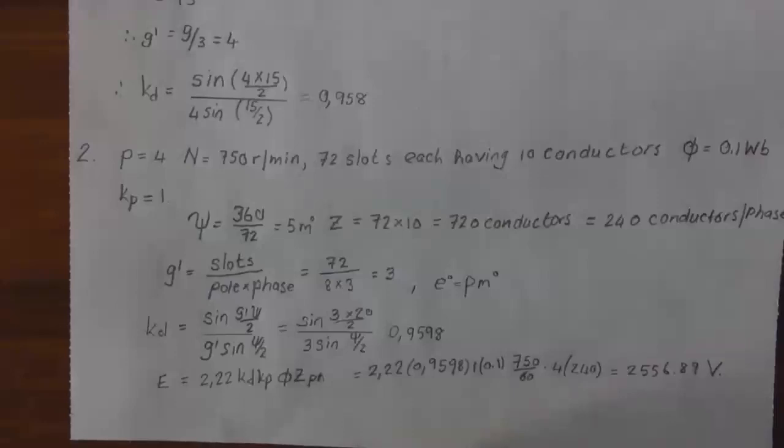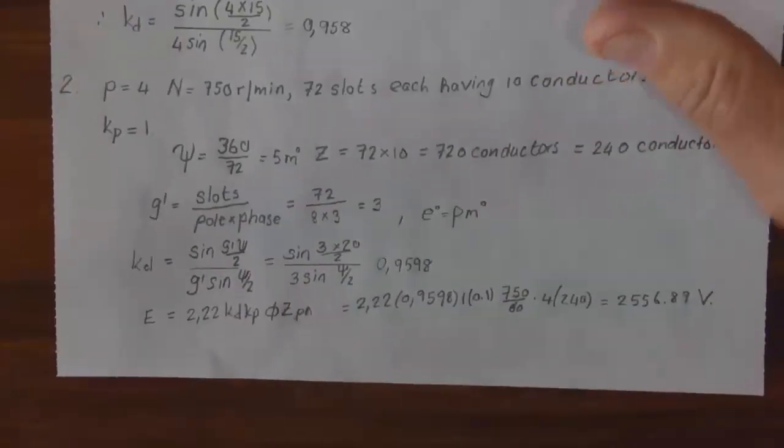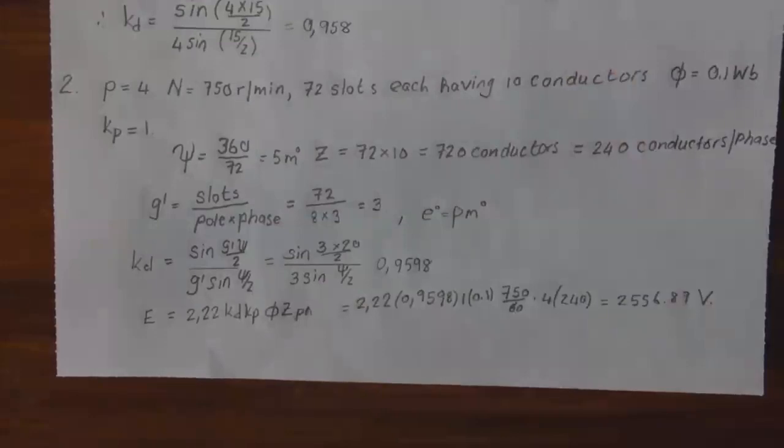And electrical degrees is P times mechanical degrees. So that means it'll be 4 times 5, which is 20 degrees. So therefore, Kd is sine 3 times 20 divided by 2 over 3 sine 20 over 2, which gives us 0.9598. And then the induced EMF is 2,22 Kd Kp phi Z p n.